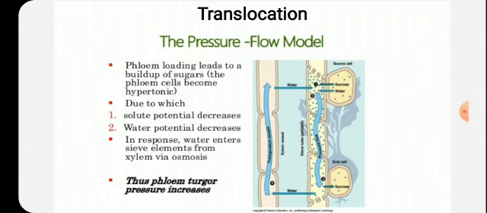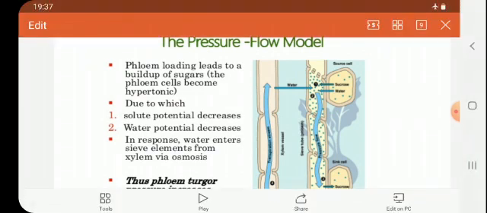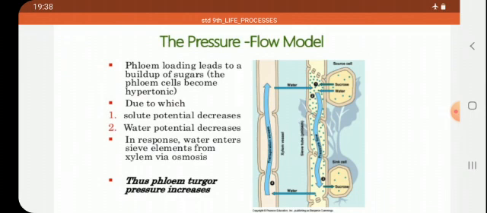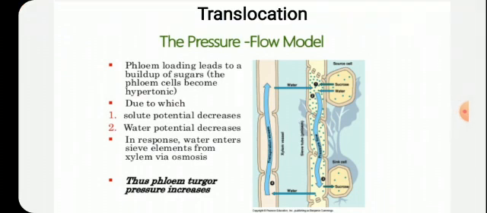What does it mean? As you know, the transportation takes place via phloem with the help of ATP. Water concentration decreases in that part. As the water concentration decreases, in response, it has to increase its concentration from other cells by diffusion.